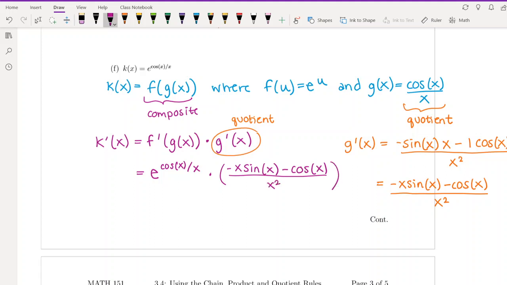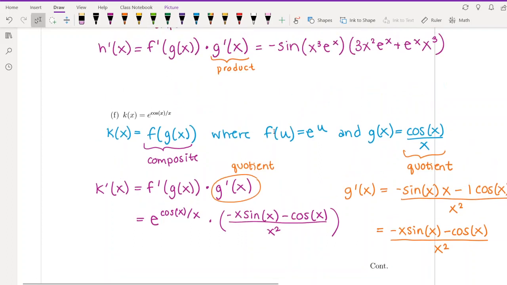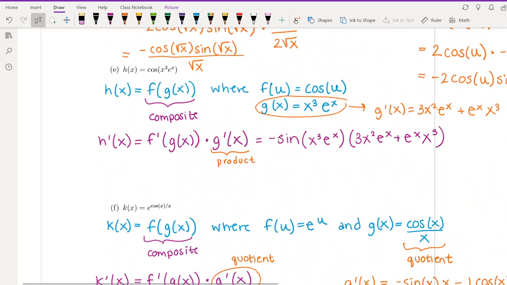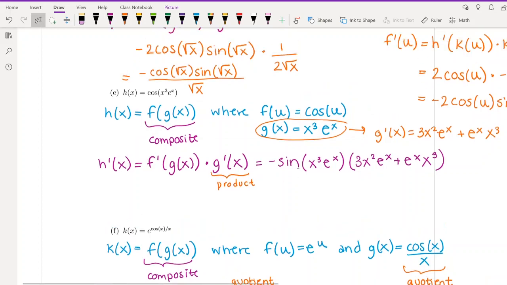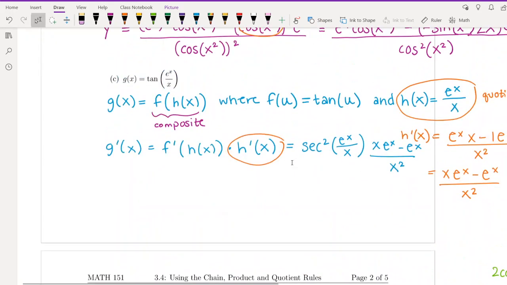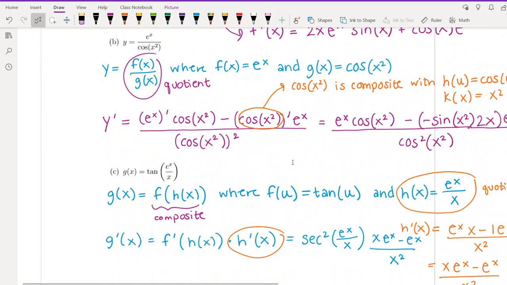So hopefully this was helpful, just seeing some more examples. But if you have trouble looking at these and eyeballing what rule to use first, I would try to literally write it down as either a composite function, a product, or a quotient, and see if you can explicitly name what those functions are. What's the outer and inner function?